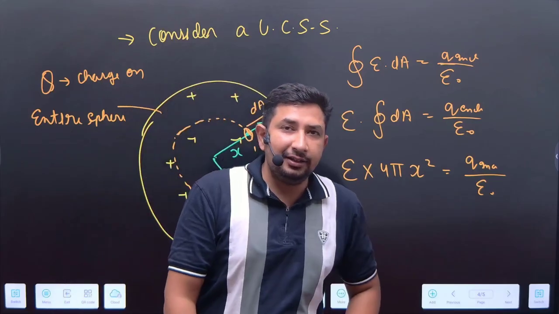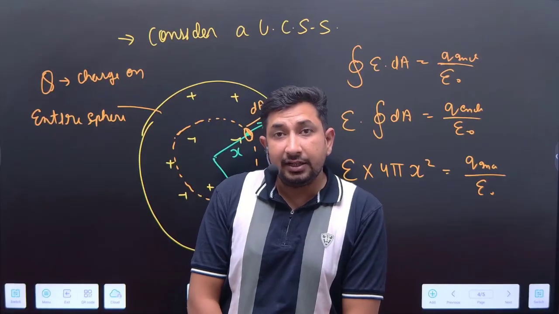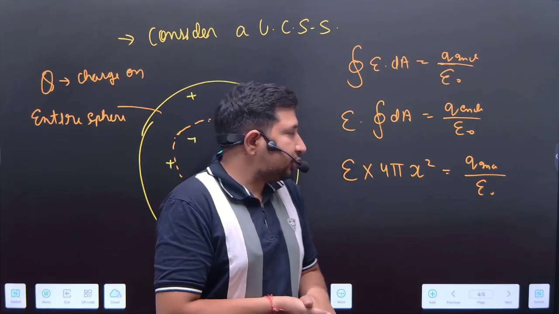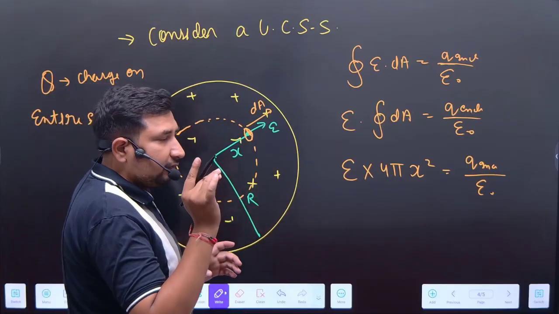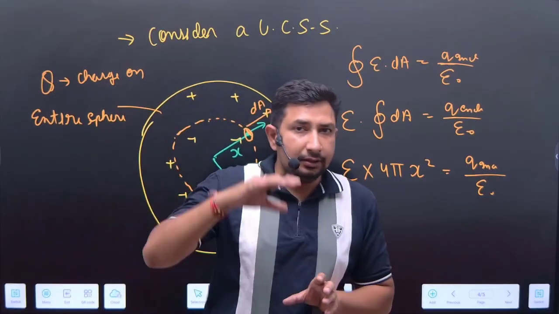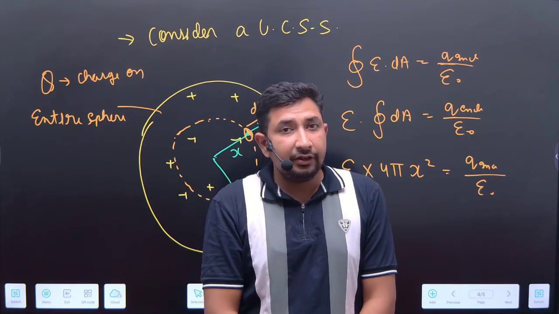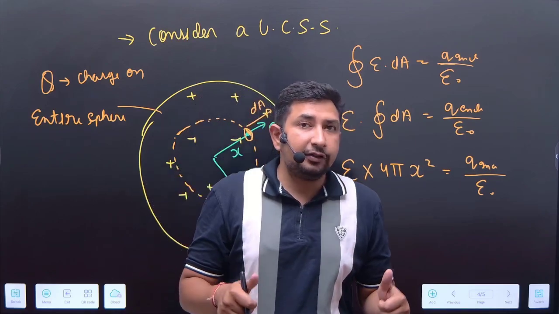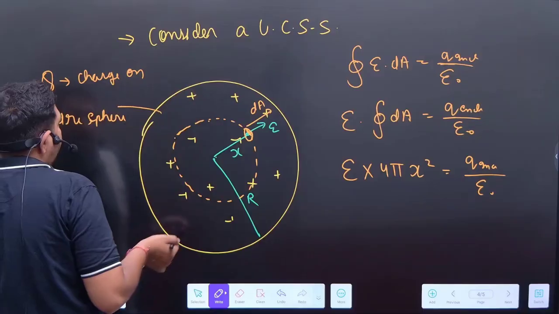Now the only challenge is to find how much charge is inside this Gaussian surface. I can do it in one way: take the density of this entire sphere times the volume inside the Gaussian surface. Then that will give us the charge inside the Gaussian surface. So let us see.